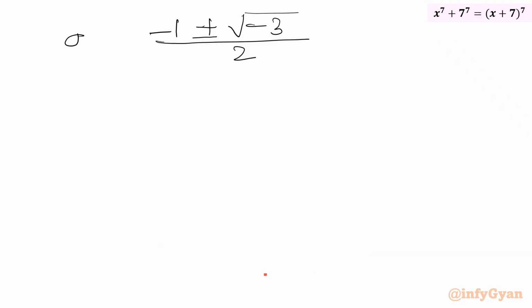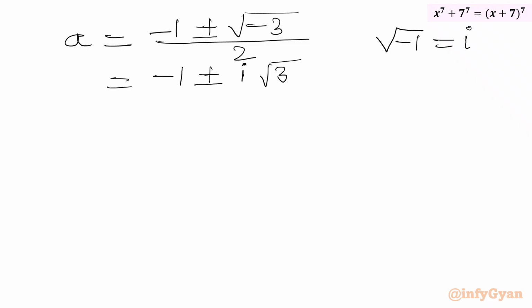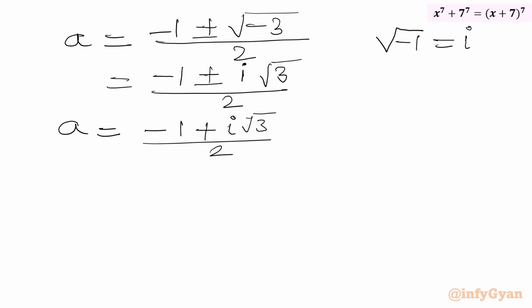This is equal to a. So we can write minus 1 plus minus. We know that square root of negative 1 is the complex number i. So I can write i times square root 3 over 2. So we are getting complex values: minus 1 plus i square root 3 over 2 and minus 1 minus i square root 3 over 2.